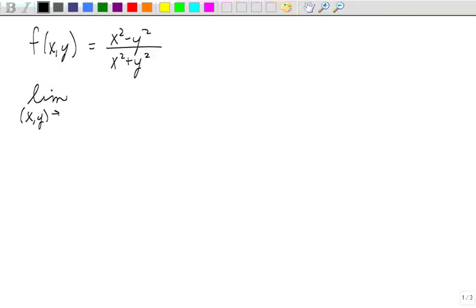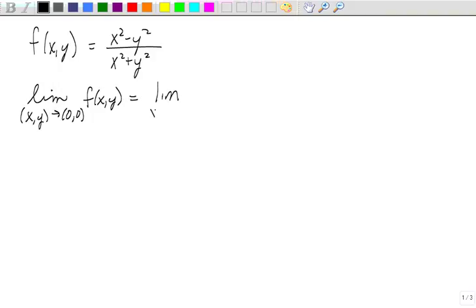Okay, let's look at some specific examples. All right, if we take the limit of this as (x, y) approaches (0, 0), we cannot evaluate it because we get 0 over 0. So let's take it one at a time.